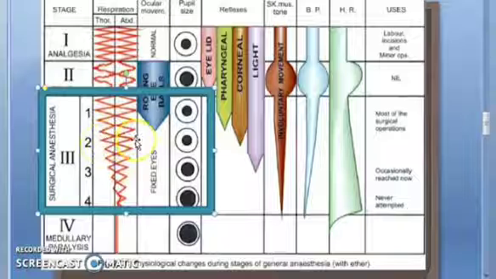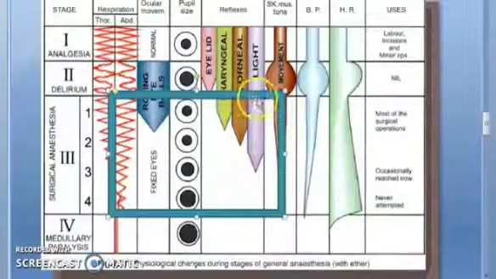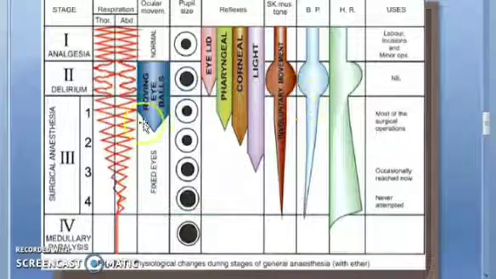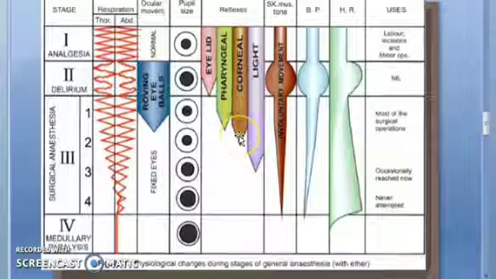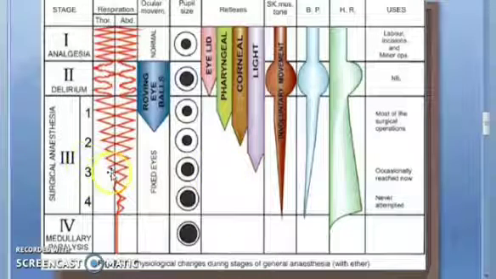In the second plane, the pharyngeal and corneal reflexes are lost. You can see the reflexes here in stage 3. In plane 3, the light reflex is lost and the pupil again starts dilating.